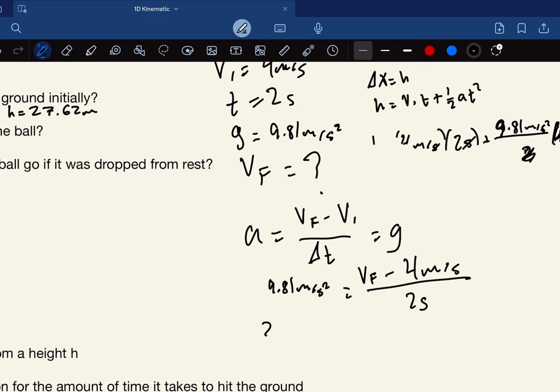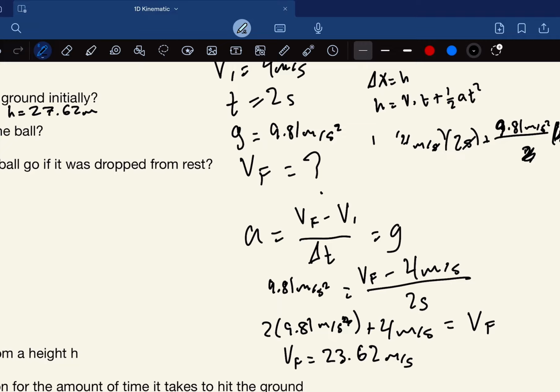Rewriting this, we get 2 times 9.81 meters per second squared times 2 seconds, so the seconds cancel and it becomes 2 times 9.81 meters per second, plus 4 meters per second equals VF. So I will plug this in now. The answer is VF equals 23.62 meters per second. Never forget units.